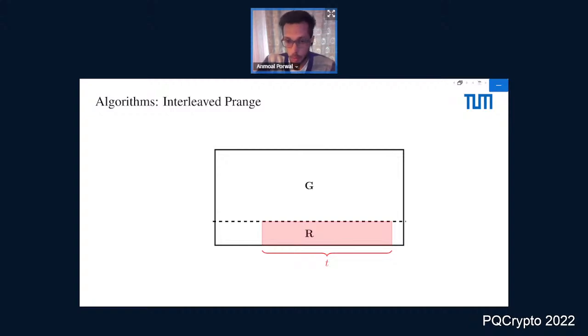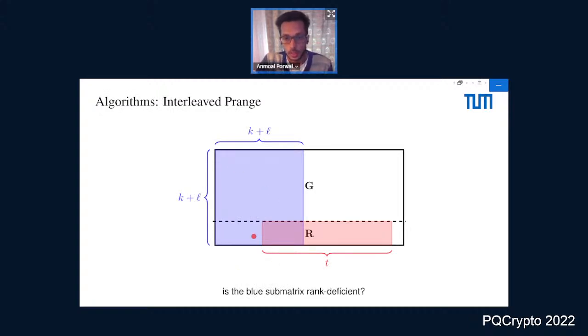Again for simplicity, assume they are just the first k plus l columns, so it's this blue part here. This forms a square submatrix. The next step is to check whether this square submatrix is rank deficient or whether it's full rank.